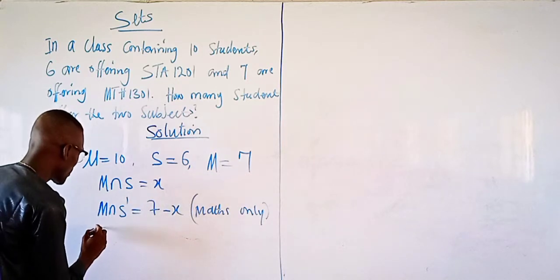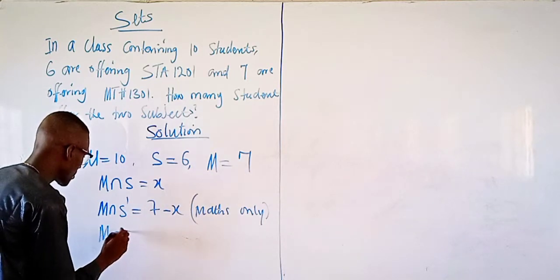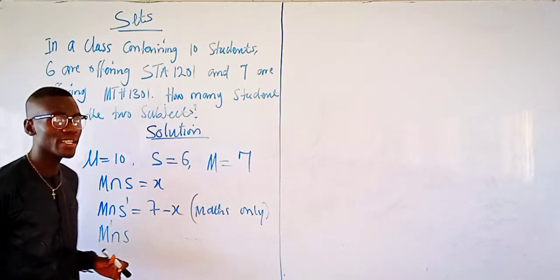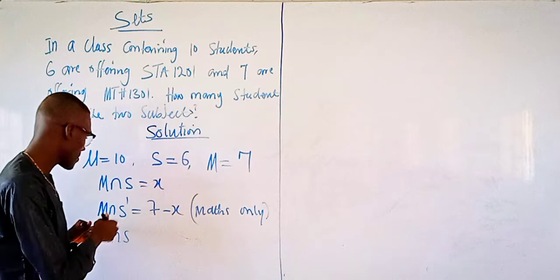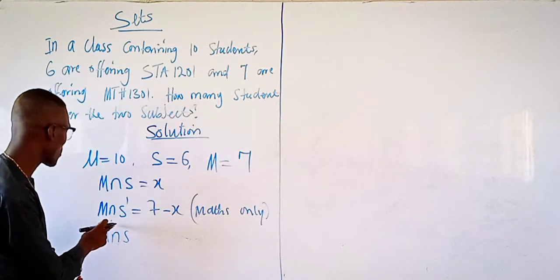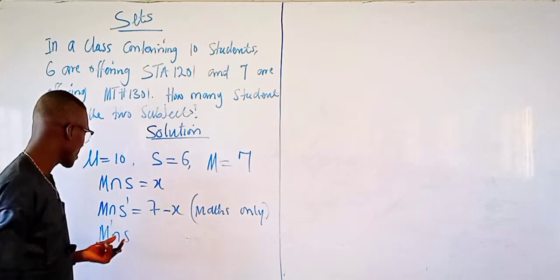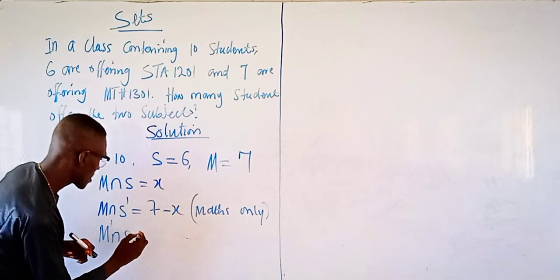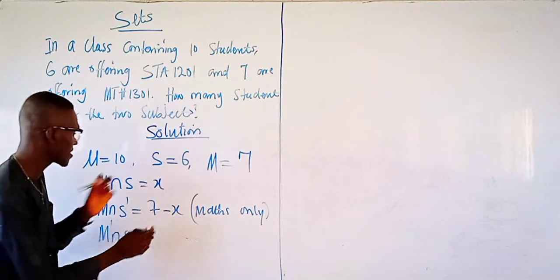right? So the next one is when I say M complement intersection S. And you remember what I said about complement, right? When I say complement, it means that very set does not belong to that place. So when I say M complement intersection S, it means the students that offer just statistics alone. How do I do that? The number of statistics is 6.